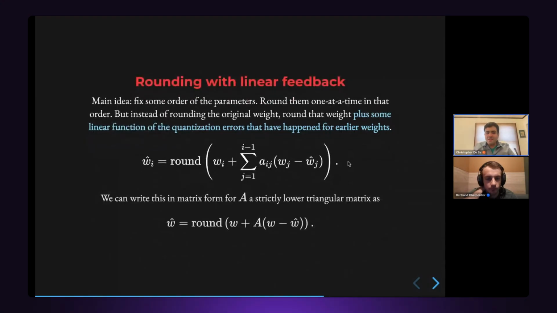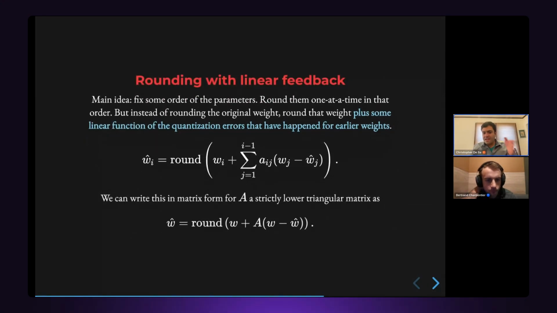We can write this in matrix form A, where A is strictly lower triangular, as W hat is equal to round of W plus A times (W minus W hat).